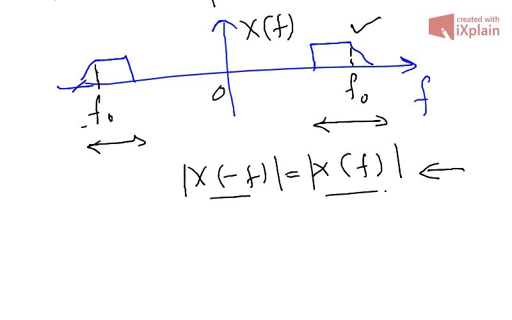For example, at frequency f0, whatever is the magnitude here, it is the same at minus f0. For each frequency you will find this symmetry. So the magnitude response is an even function.